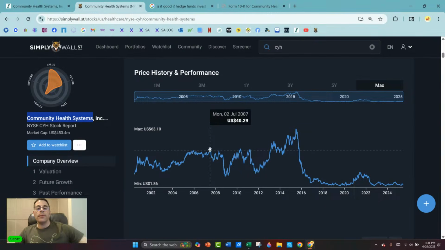For example, 40 was a resistance point in 2007. It didn't break through 40 even when it had the surge. It got to 40, then a sell-off, another surge, and it didn't break through 40. A sell-off in 2011, then a surge, and it just got past 40, which was the resistance. So getting close to 50.